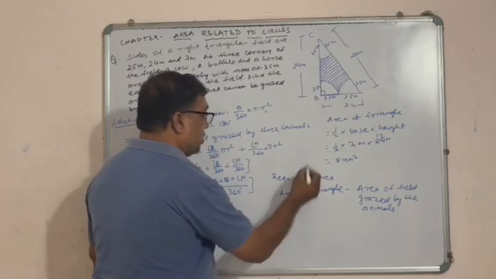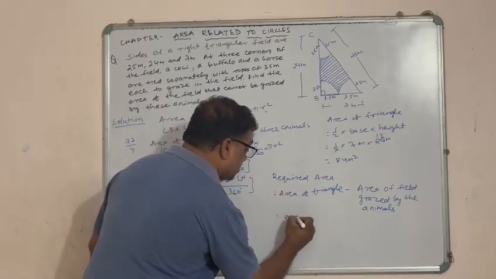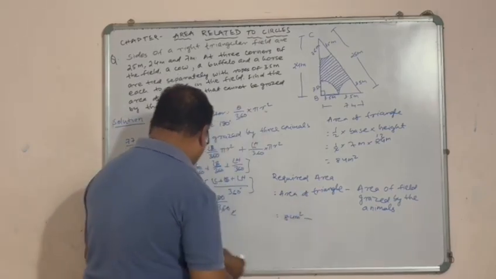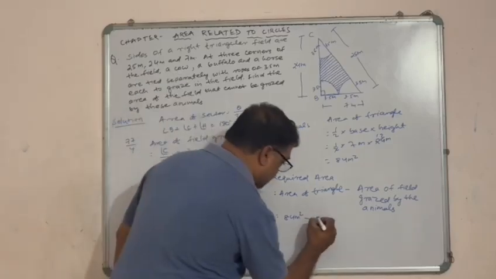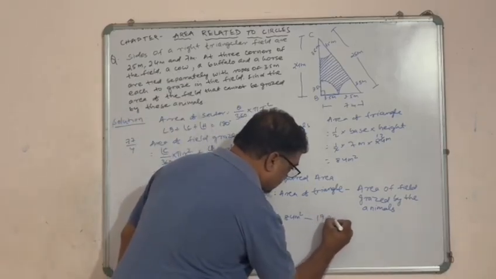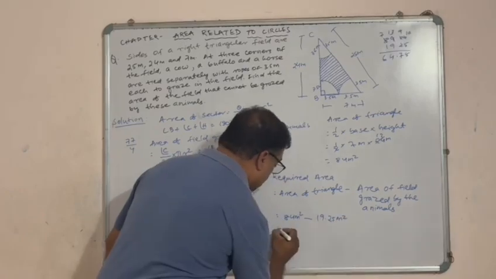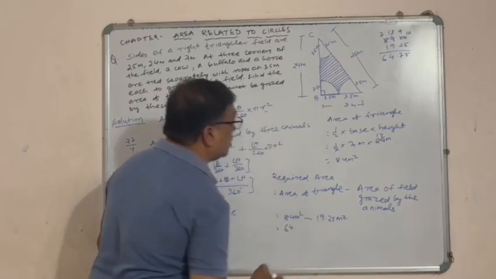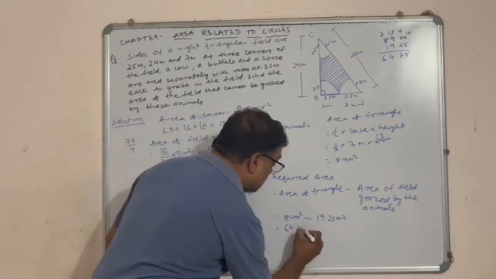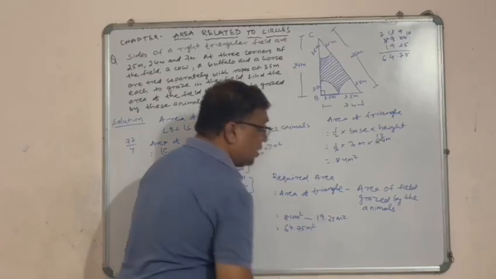So that equals 84 meter square minus 19.25 meter square. So that will be 64.75 meter square remaining.